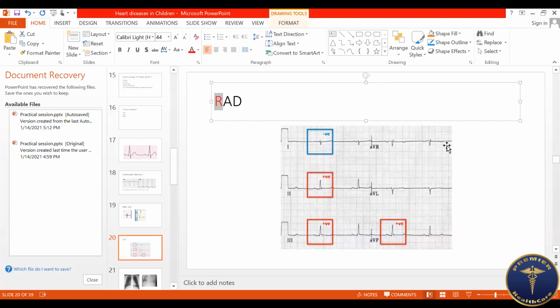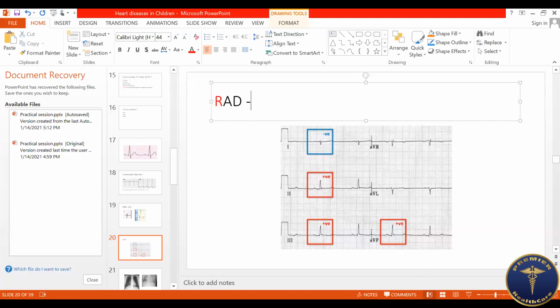Yes. So if the pattern is reaching, that is right axis deviation, which means the axis is coming towards the right side. Why is that? Has the heart gone mad? No, right axis deviation occurs when the right side of the heart is getting enlarged. That is called right ventricular hypertrophy.